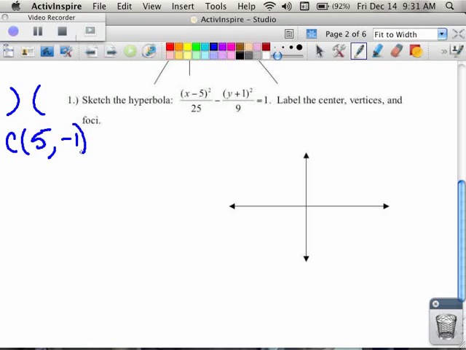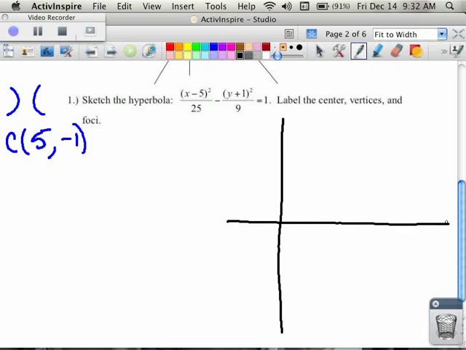When I draw this thing with 5, -1, I'm going to redo my axes here because I don't like the way that they have these. So give me a second here. I'm going to redo that. So if I redo my axes, knowing that I'm at 5, -1, I'm going to do the following: 1, 2, 3, 4, 5, 6, 7, 8. 1, 2, 3, 4, 5. 1, 2, 3.